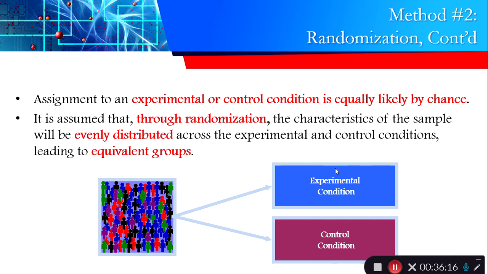Assignment to an experimental or control condition is equally likely by chance, and it is assumed that through randomization, the characteristics will be evenly distributed across experimental and control conditions, leading to equivalent groups. So here is another visual where we have all of our clients in our pool, and we are randomly distributing them to either the experimental or the control condition.